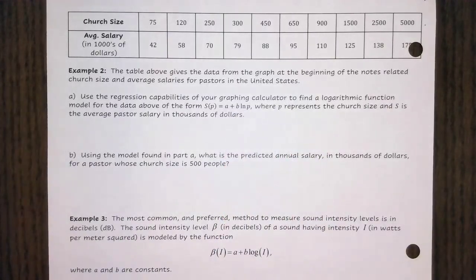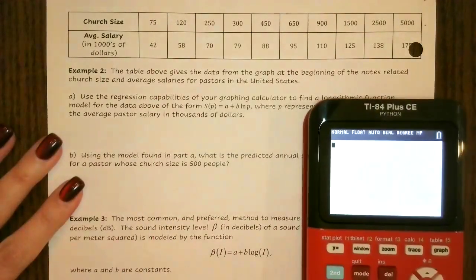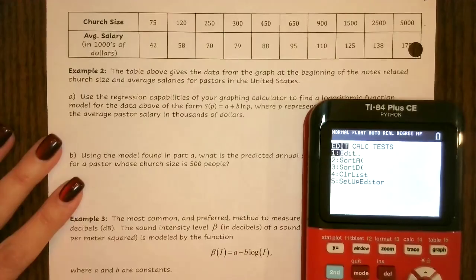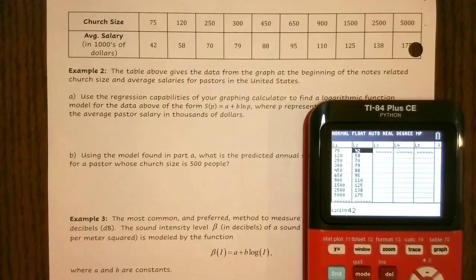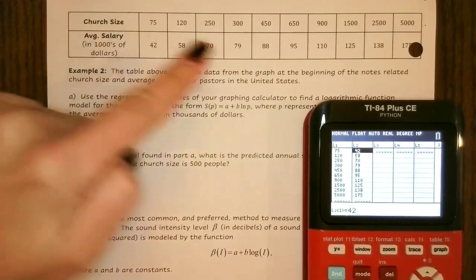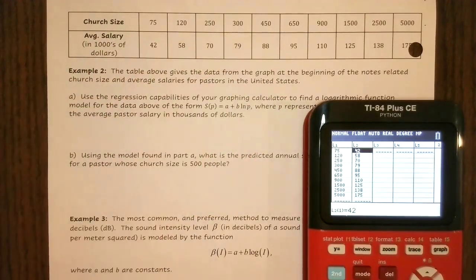So the first thing I'm going to do is go to Stat. I'm going to hit Stat, and then I'm going to go to Edit, and we're going to put in our L1 and our L2. So our L1 here is our church size, our L2 is the average salary.